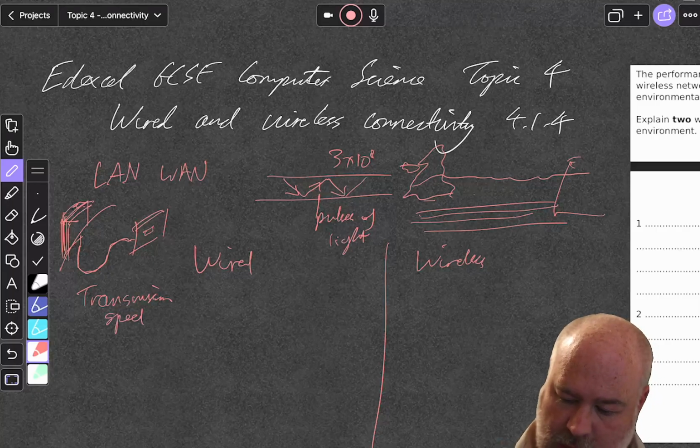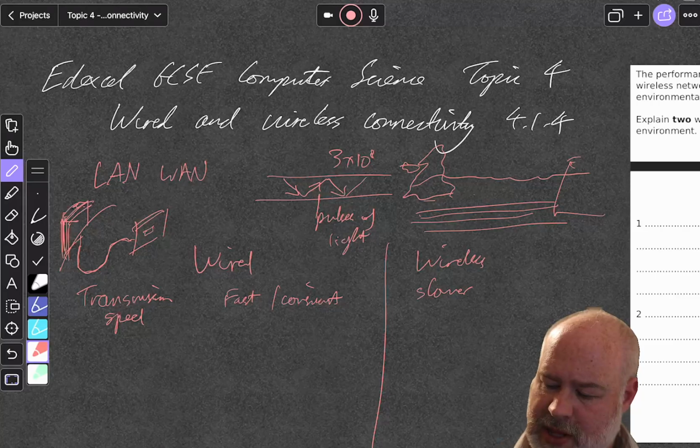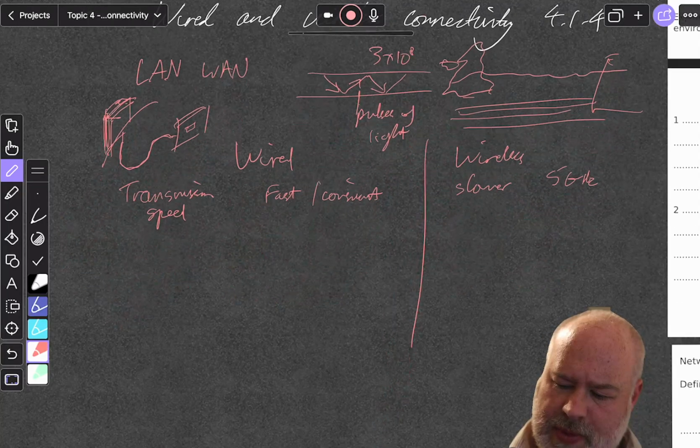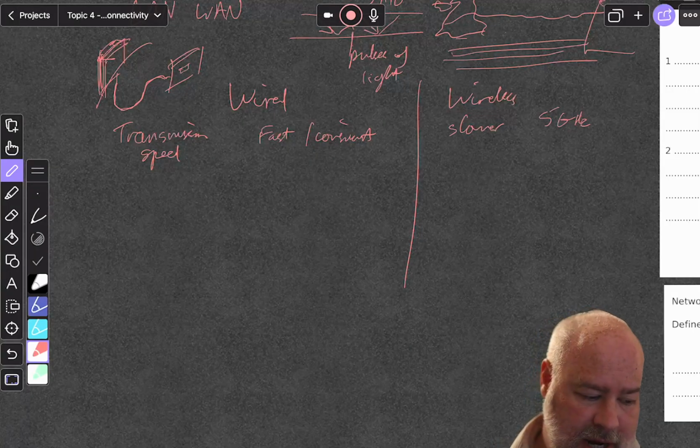Okay, with wired, super fast, consistent. With wireless, it's typically slower. Okay, even though wireless has got a lot better, you've got like 5 gigahertz connections now, but it's still going to be slower than any wired connection.